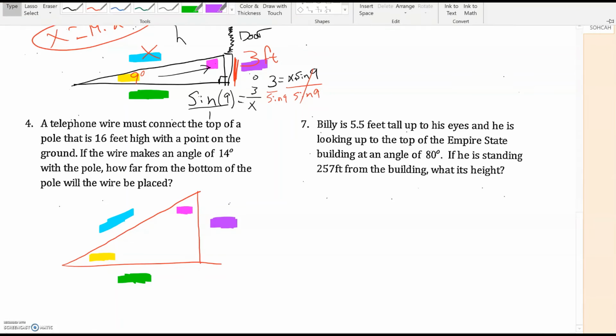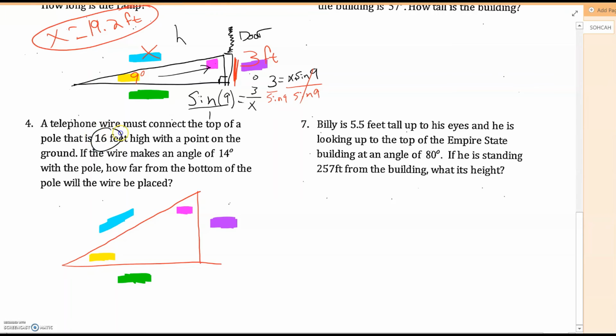So first question is, where would the 16 go? 16 would go here. Telephone pole, 16 feet. Where would the wire go? Angle 14 degrees with the pole. So wire, pole, 14 degrees would go right here.